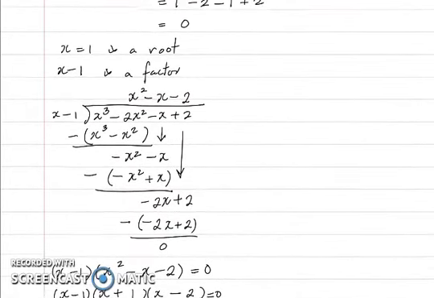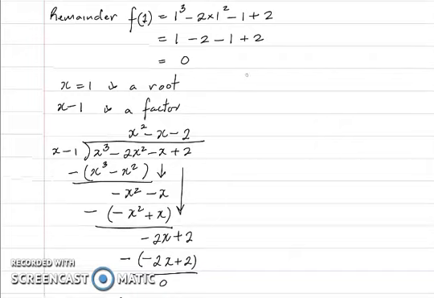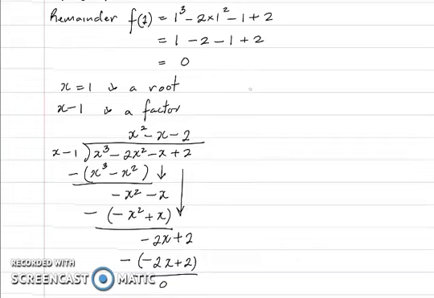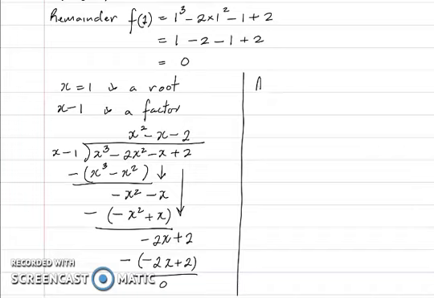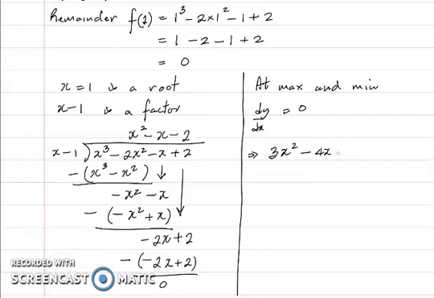So at the maximum and minimum, dy by dx would be equal to 0. Therefore, 3x squared minus 4x minus 1 is equal to 0.